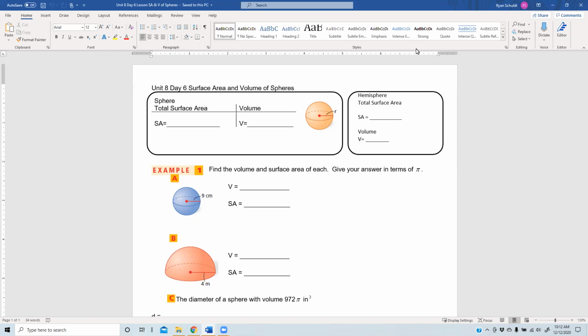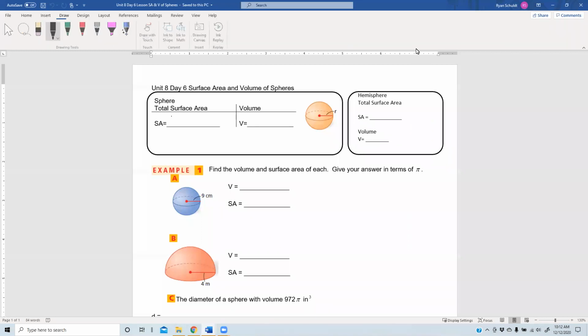So for total surface area, that formula will be 4 pi r cubed. No, r squared. 4 pi r squared. That's total surface area of a sphere. For volume, it's going to be 4/3 pi r cubed.